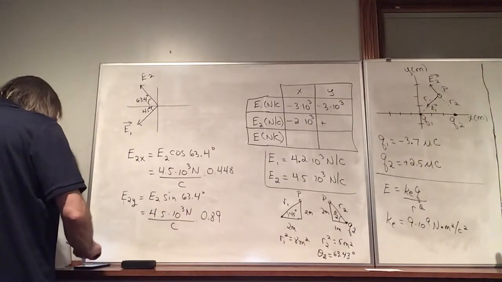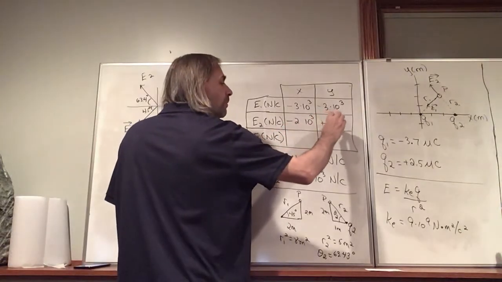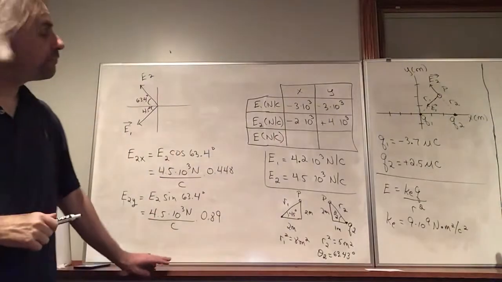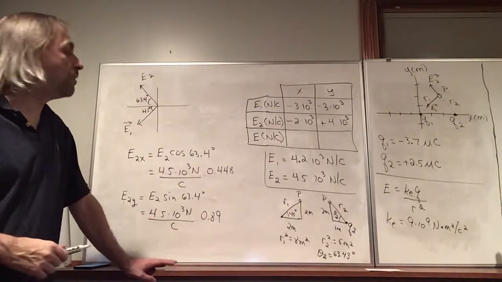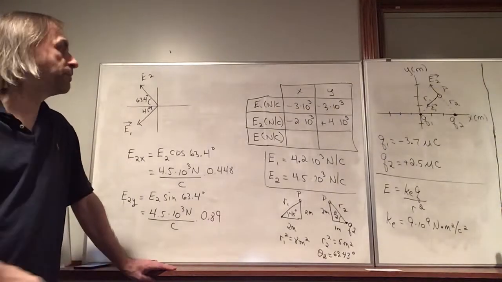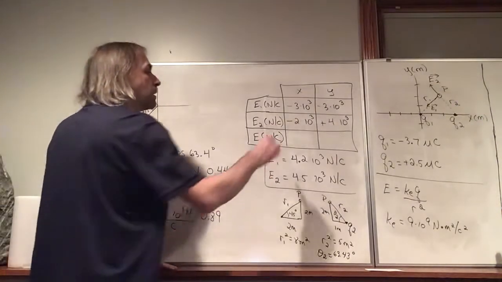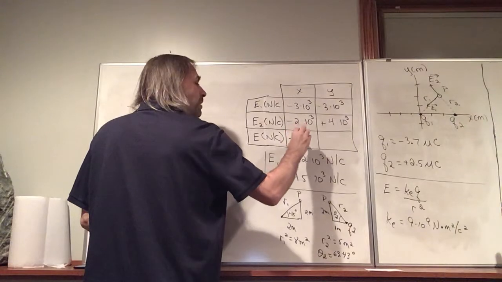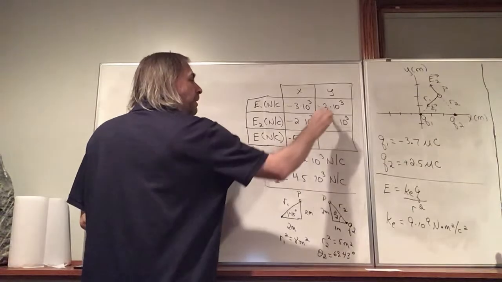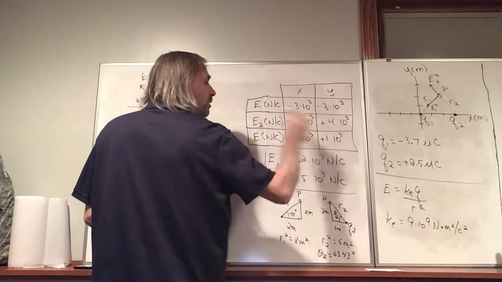If we multiply that, we get about 4.02, let's just say 4, times 10 to the third. Okay, so now we've found the components of both E1 and E2. And then to find the electric field, you just add the components. So here we have minus 5 times 10 to the third, and here we have plus 1 times 10 to the third.